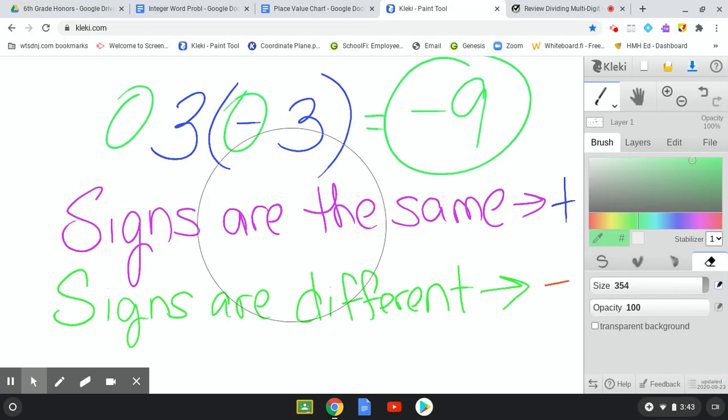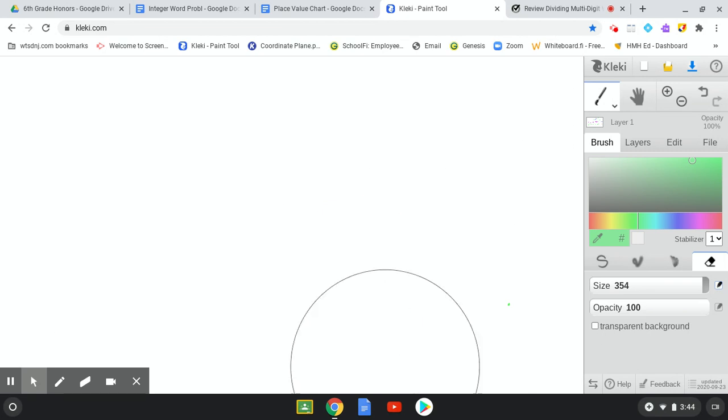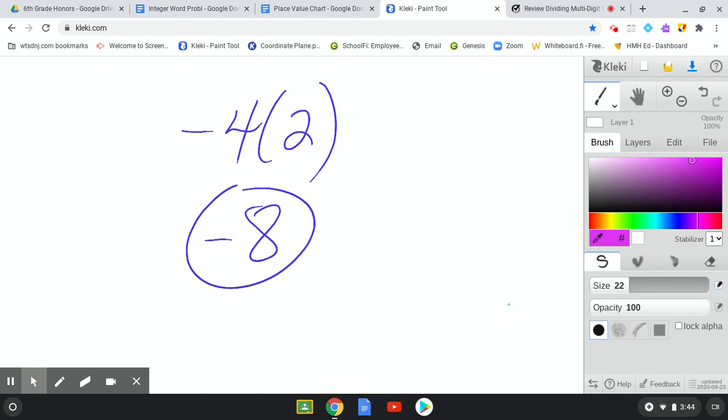Let's try another one. So remember, signs are the same, your answer is positive. Signs are different, your answer is negative. So if I had -4 times 2. Signs are different. I automatically know that my answer is going to be negative. 4 times 2 is 8. Final answer, -8.